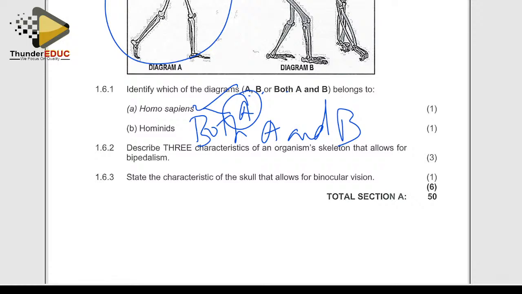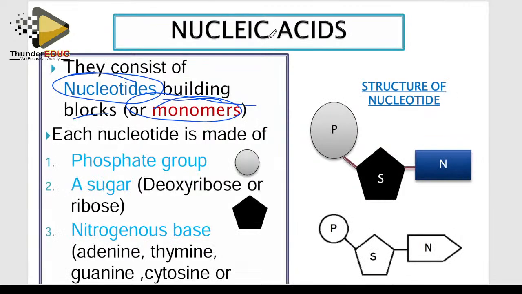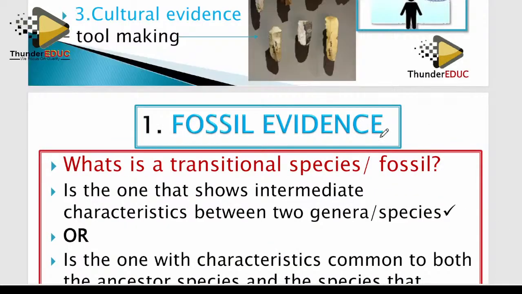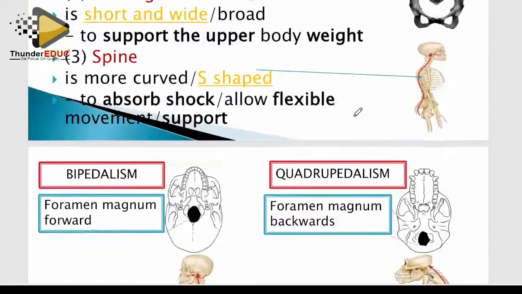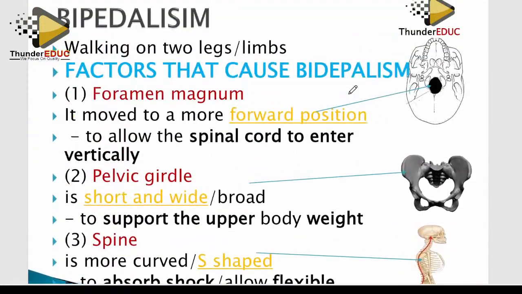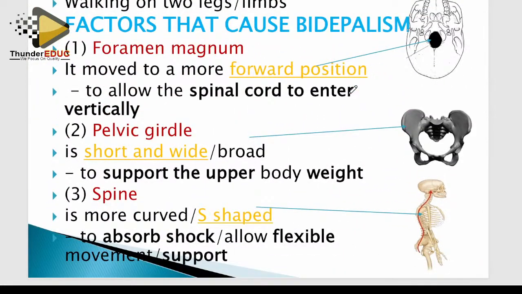Then describe three characteristics of the organism's skeleton that allow for bipedalism. That's exactly the same way we discussed it and highlighted it and I emphasized it. Foramen magnum, the position of foramen magnum, forward position.